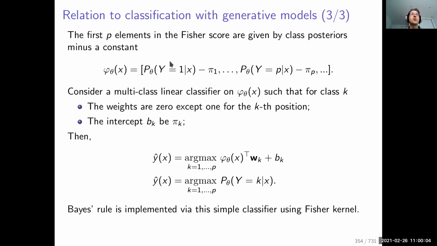We simply look at the formula given by the Fisher score. We consider an intercept bk to be pi k. We consider a vector wk that has a weight equal to 1 at the k position and 0 otherwise, and we get exactly this relation.